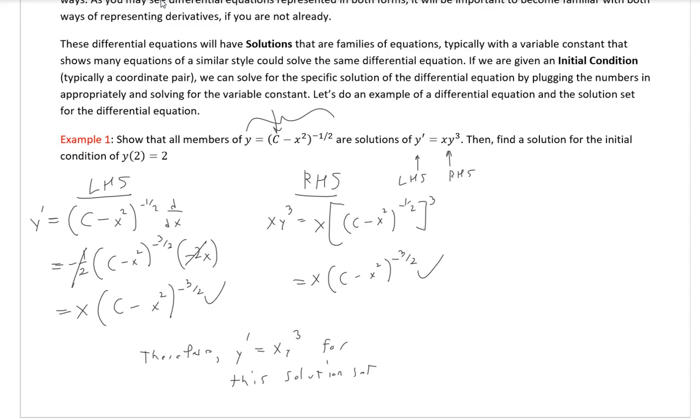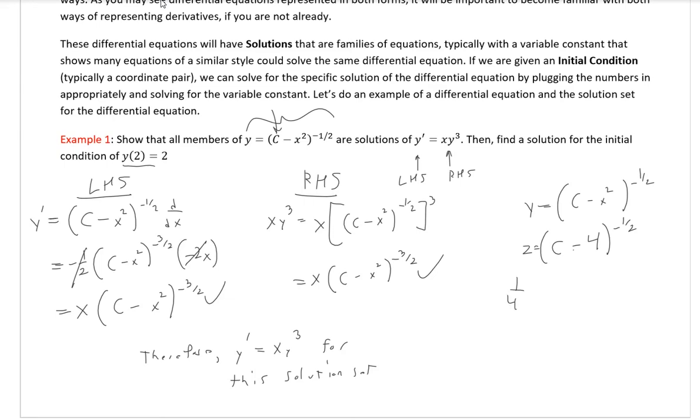Let's find what specific solution helps us have y of 2 equals 2. So if we plug in 2, we get a response of 2 as well. That's relatively simple. We just take our original equation and plug in. We just solve for c like we would normally. So y is 2, x is 2, so that's going to be 4 to the negative 1/2. Square both sides and then take the reciprocal.